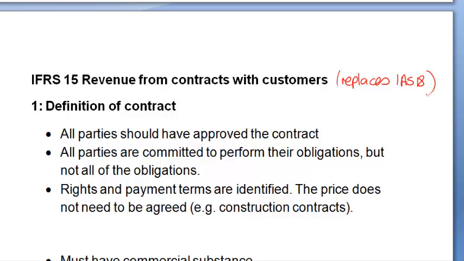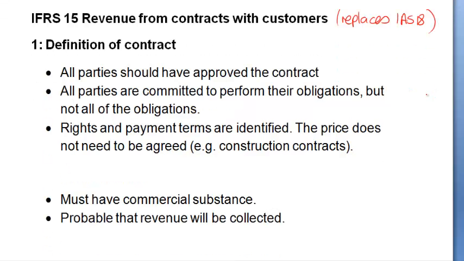So, what do we mean by a contract? Well, it's something which has been agreed between 2 parties. They're committed to performing obligations, but not all of the obligations. E.g., we might have a contract to deliver somewhere between 10 to 15.